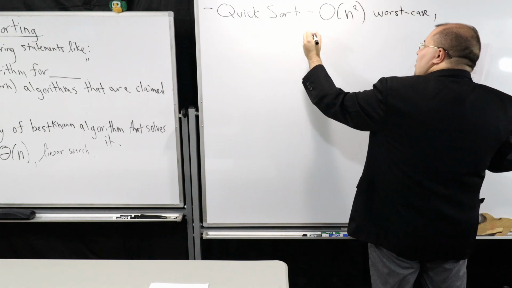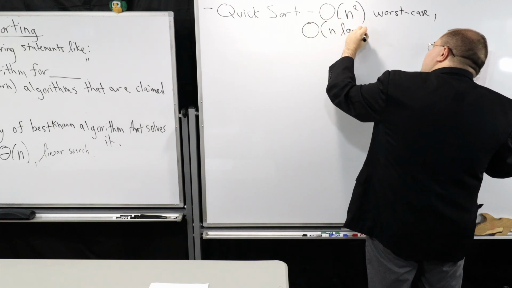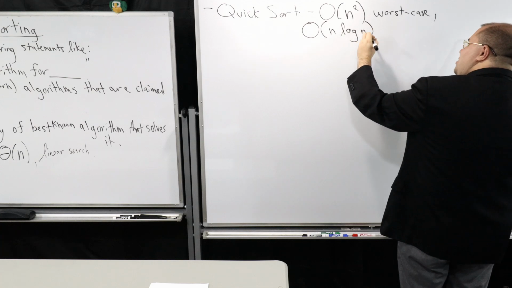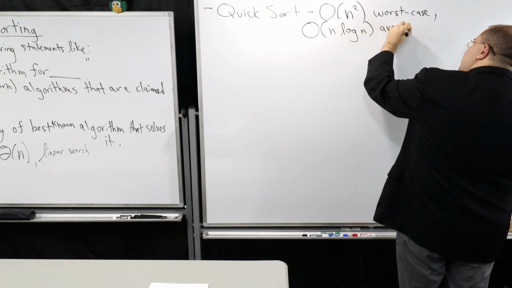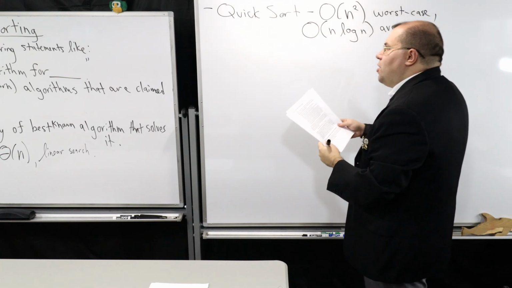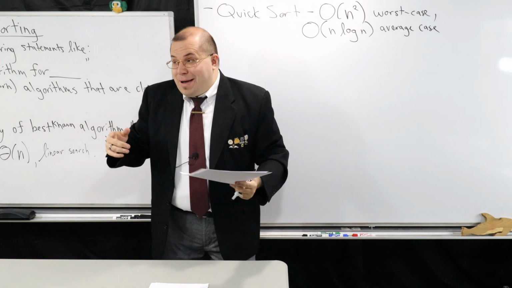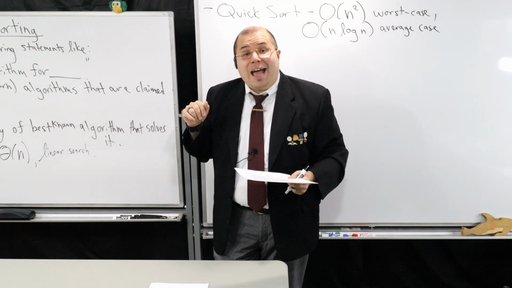And I must remark, you may or may not have seen this, but I want you to be aware that in the average case, it actually is big O of n log n. So that matches those guys over there, but that's in the average case.